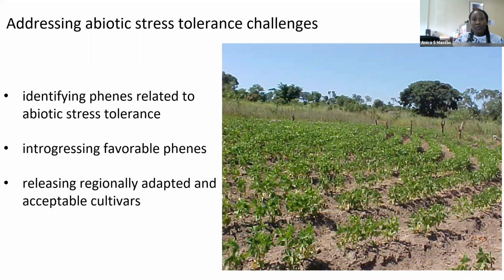I'm saying this because in Mozambique, we have a black bean, and most of the small farmers reject the black beans. They say that they cannot eat it for dinner because it has a dark color, and the dinner is dark. Most of the places don't have electricity, and they cannot see.